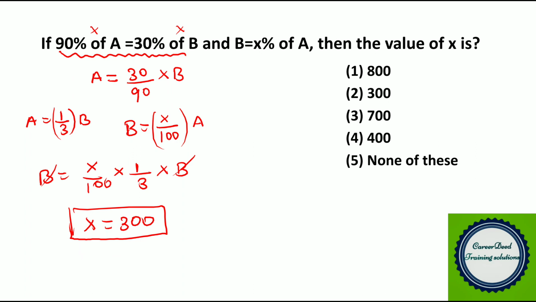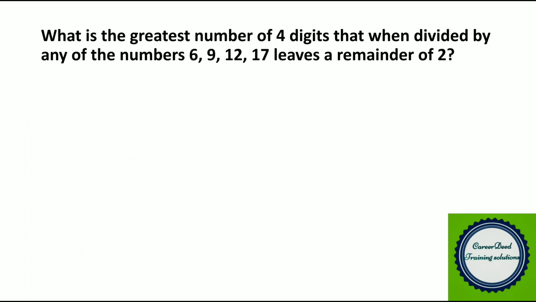Now question number 13. What is the greatest number of 4 digits that when divided by any of these numbers 6, 9, 12, 17 leaves a remainder 2? So you have to divide the greatest 4 digit number by 6, 9, 12 and 17, and that should leave a remainder 2. So the answer lies in LCM, right?